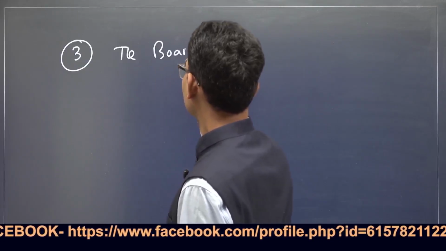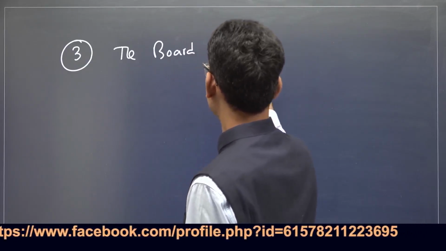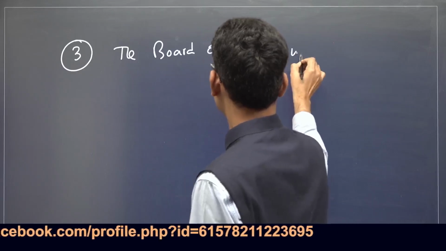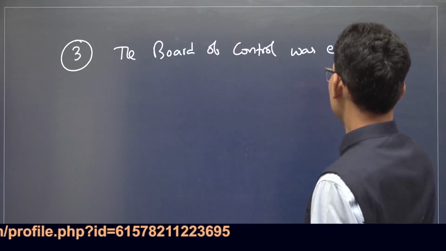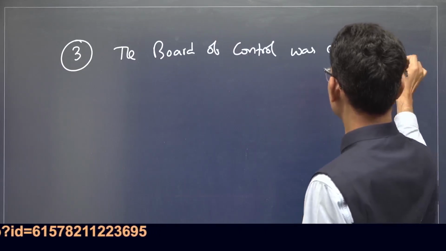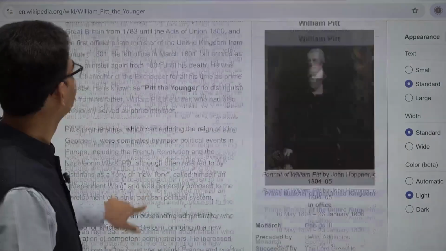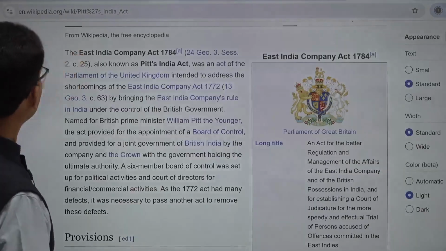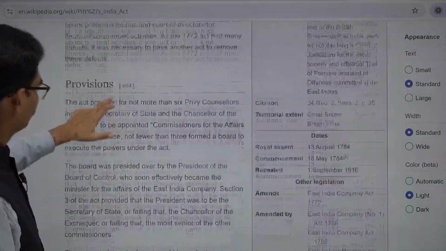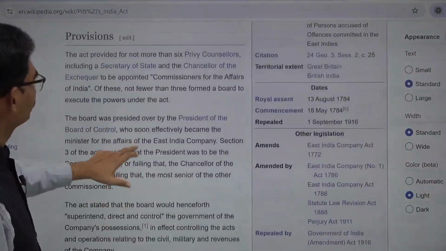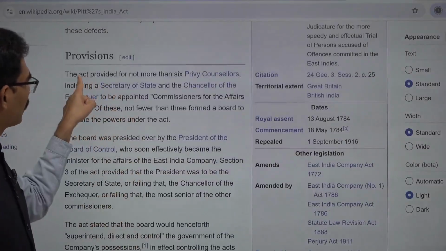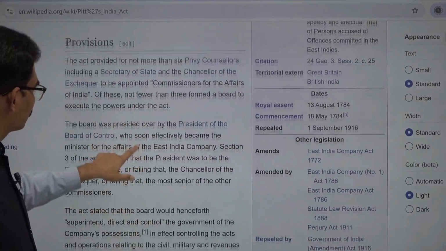The Board of Control was established. East India Company provisions. You see this?